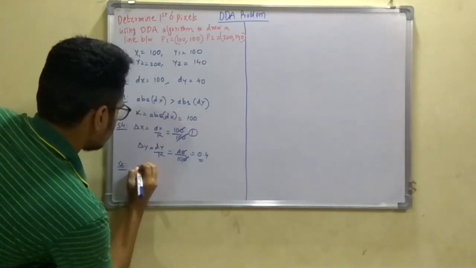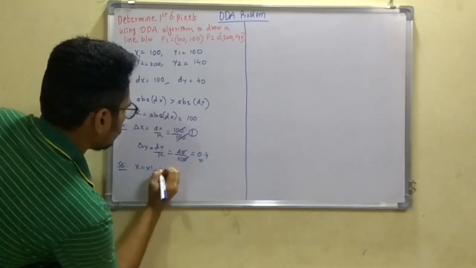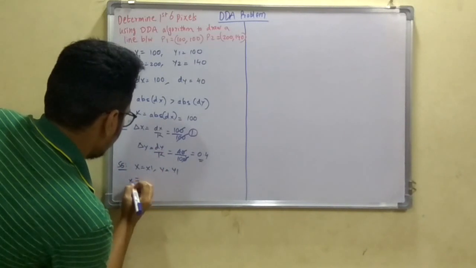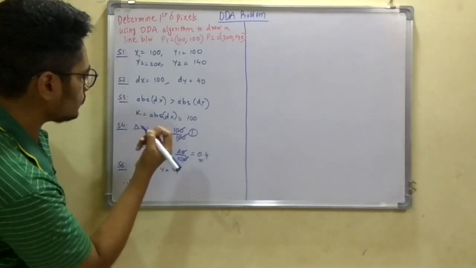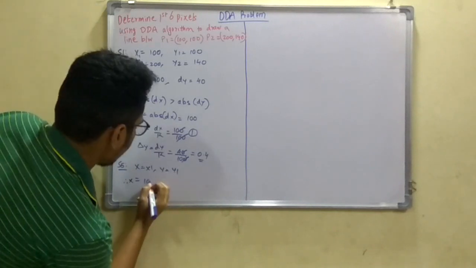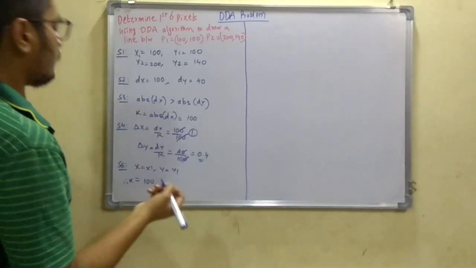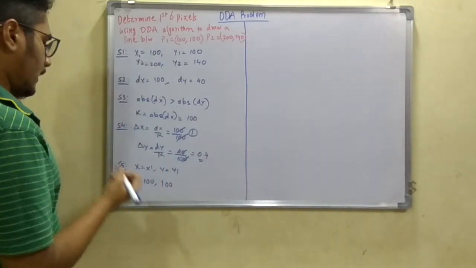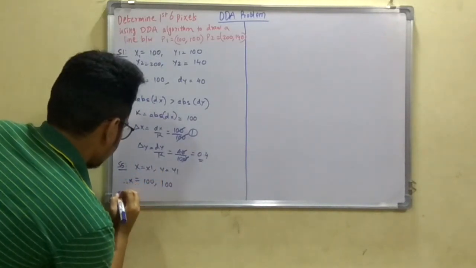Next we update: put x is equal to x1 and put y is equal to y1. So x is equal to x1, that is 100, and y is equal to y1, which is 100. So we get the very first pixel and we display it.